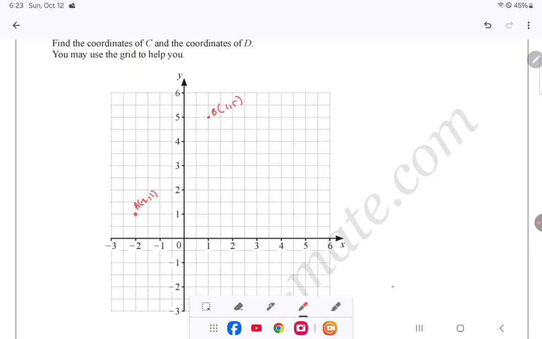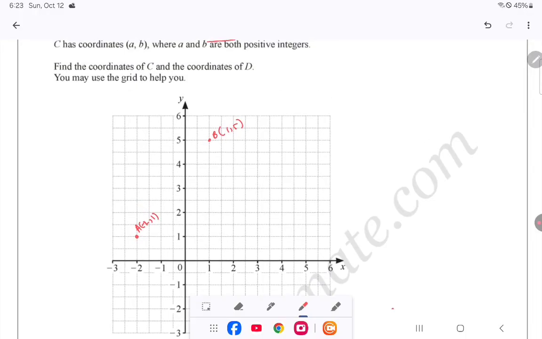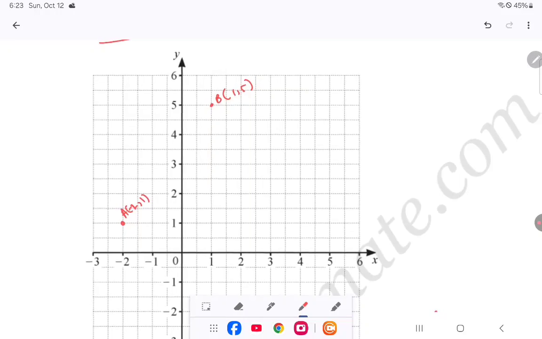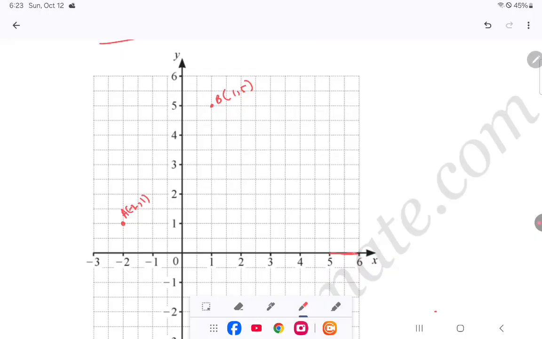Now what does it mean that you can use the grid? That means we can calculate the points like there are two small boxes making 1 unit. So calculate the units from the distance of A and B. 1 unit, 2 unit and 3 unit and 4 unit.